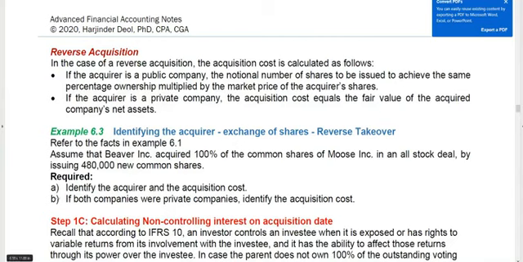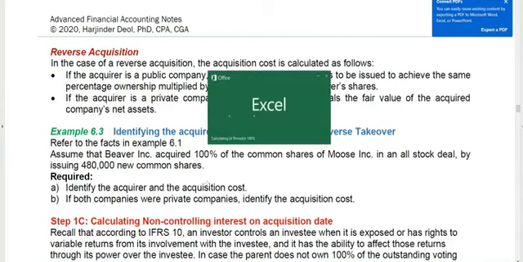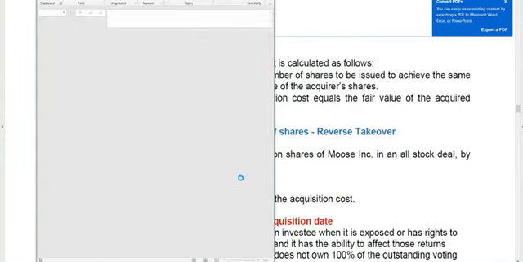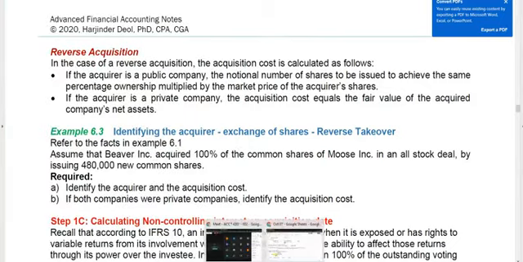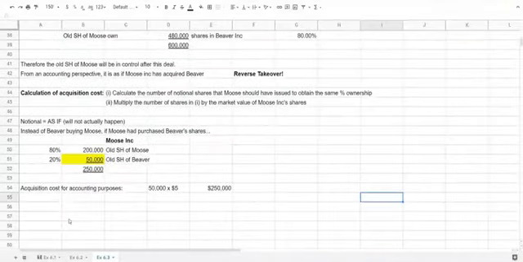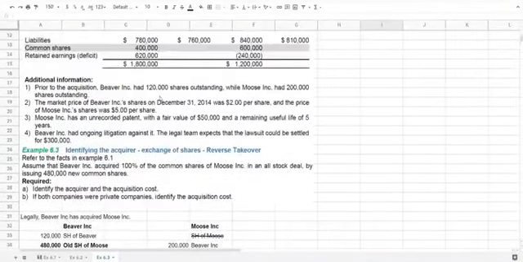So the answer to part B, if these were private companies. If these were private companies, we will not have any market prices. I hope you will agree to that. We will not have the second piece of information, the market price. That information will not be available.